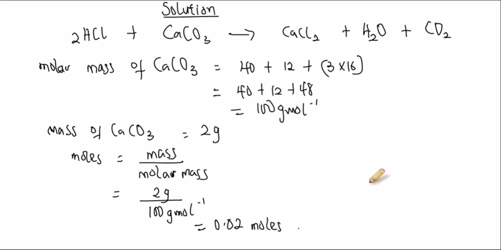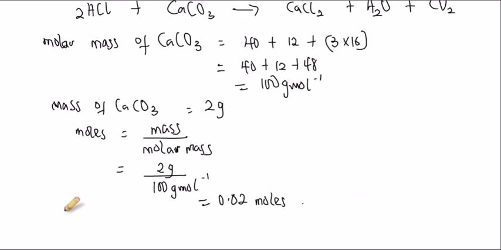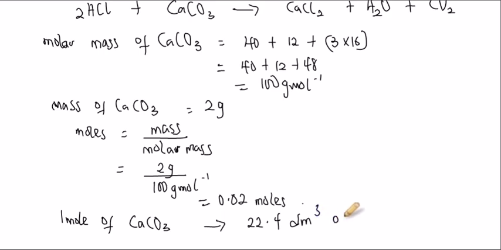So now that we've gotten the number of moles of carbon dioxide, we can proceed to calculate the volume. In solving for the volume, we can make use of the relationship saying that 1 mole of calcium trioxocarbonate 4 will yield 1 mole of carbon dioxide, and at s.t.p 1 mole of gas contains 22.4 dm³. So here we'll just say 22.4 dm³ of carbon dioxide.